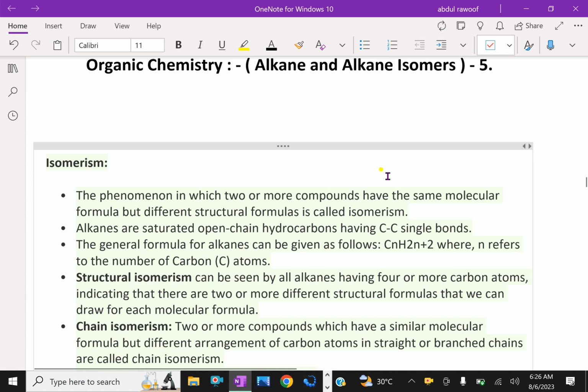Alkanes are often described as saturated hydrocarbons because they contain only carbon and hydrogen. Saturated because they have only C-C and C-H single bonds and thus contain the maximum possible number of hydrogens per carbon.